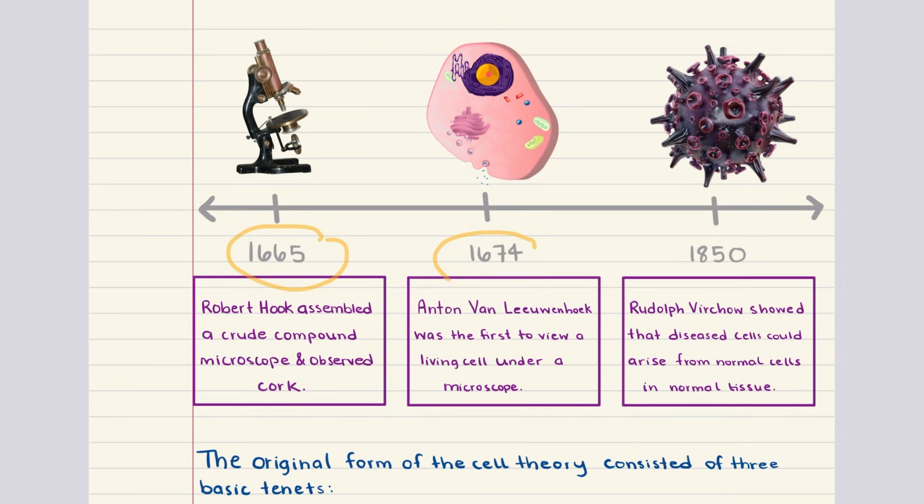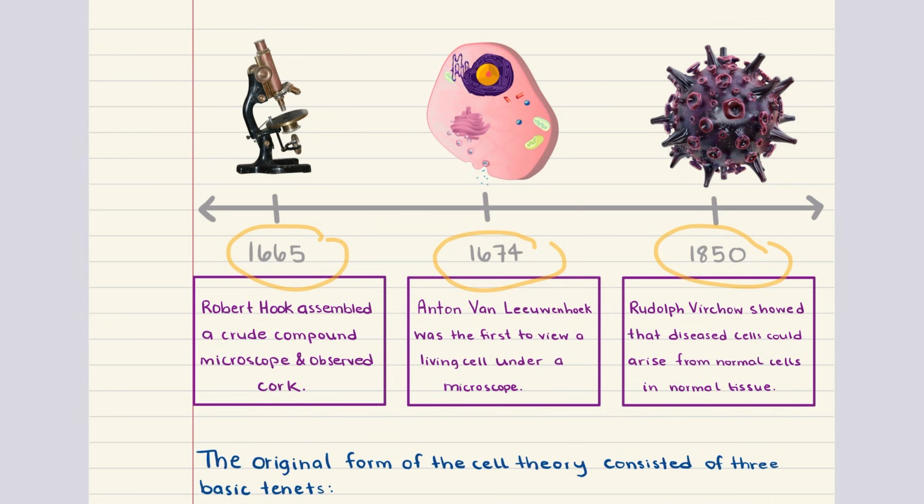Just a few years later, in 1674, Anton von Leeuwenhoek became the first person to observe a living cell under a microscope. This was a groundbreaking moment because it showed that cells were dynamic and alive. Then in 1850, Rudolf Virchow added another key insight.